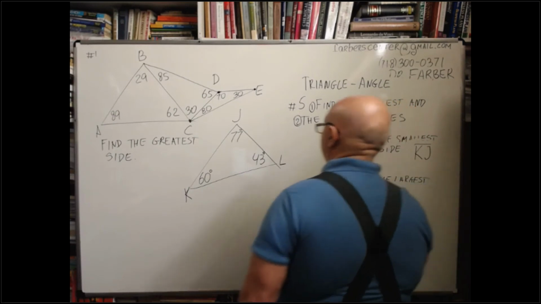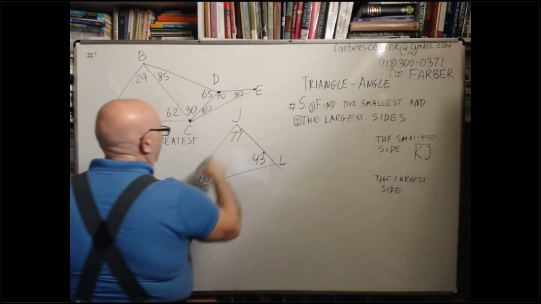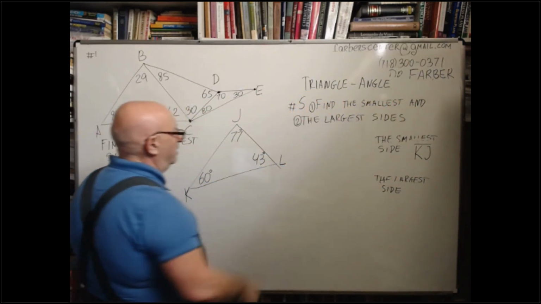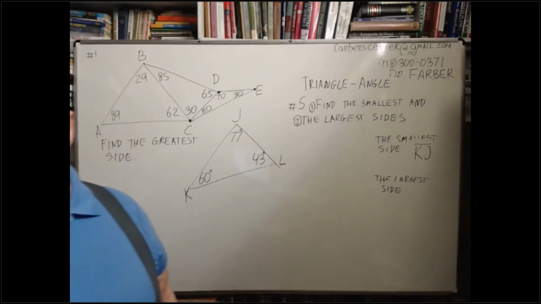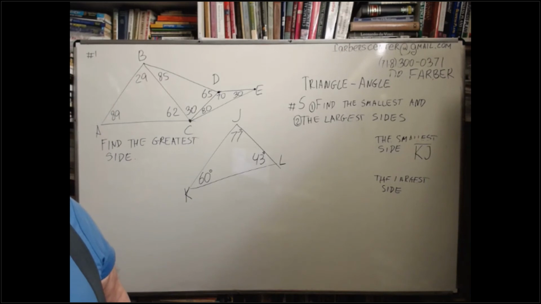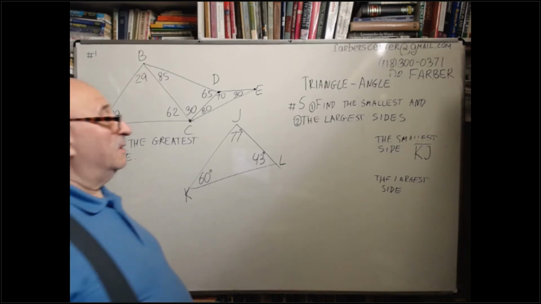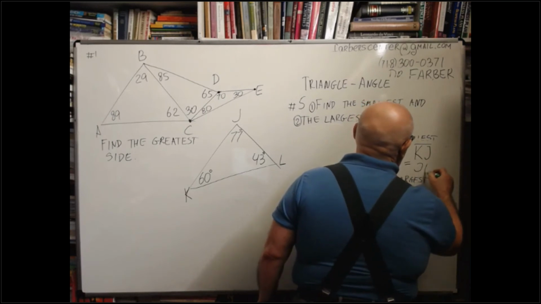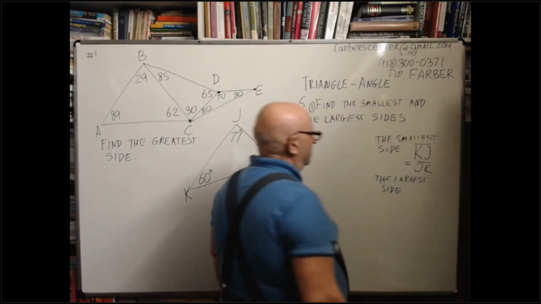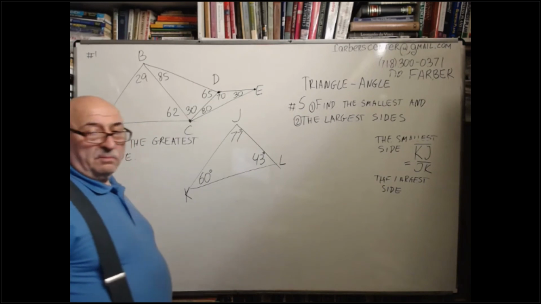Why? Because this side is opposite of the angle which is the smallest. Who understands this 100%? Raise your hand. Can you write JK? Yes, it's the same.